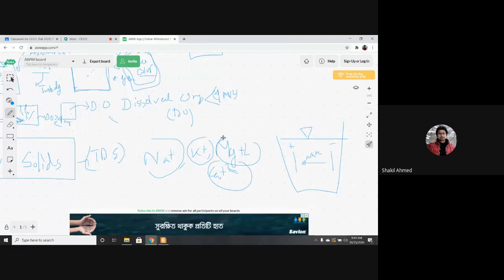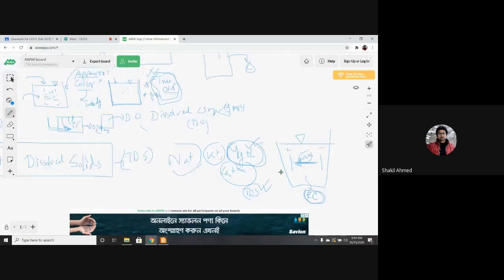So the greater the number of ions, the greater the conductivity of electricity. Yes, sir, because ions are there, they can transfer electrons from anode to cathode. So this is called electrical conductivity (EC). Higher TDS means more ions, and higher electrical conductivity.